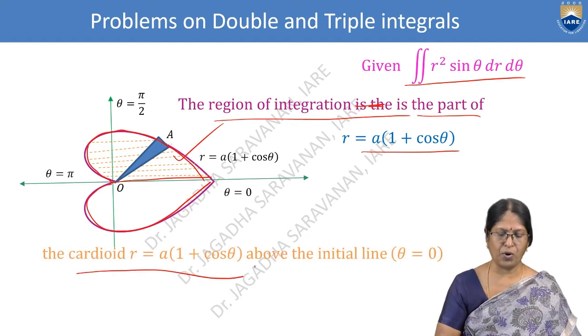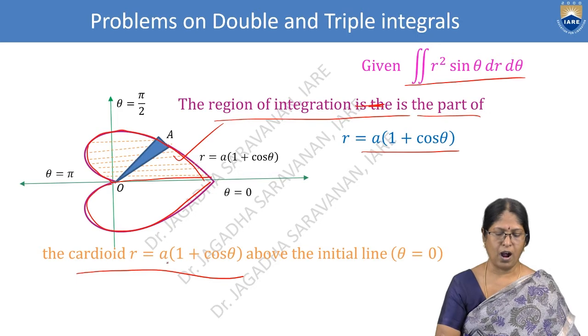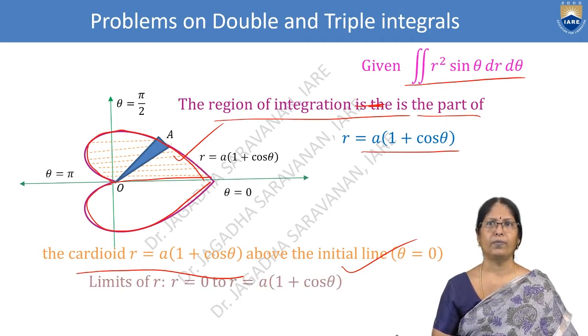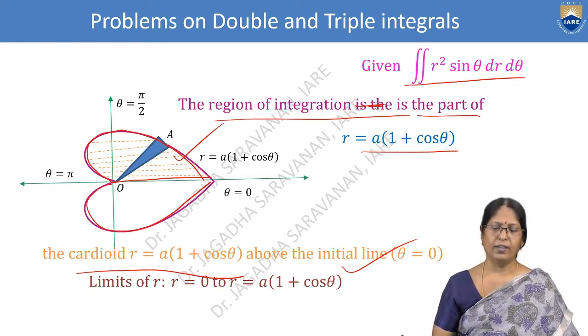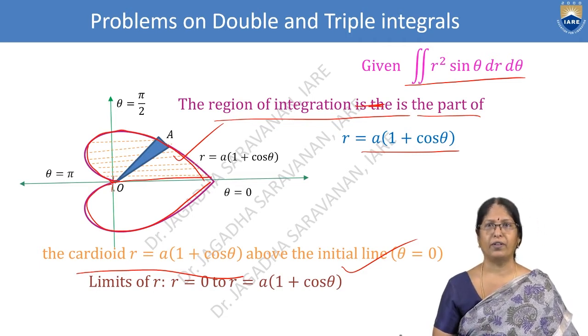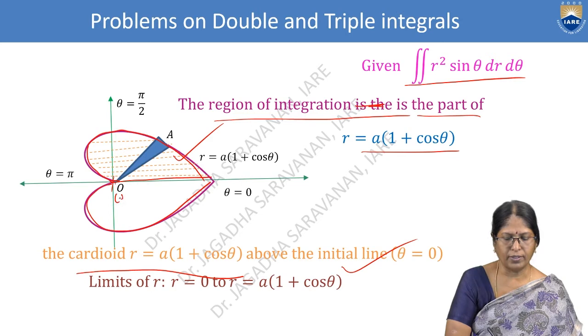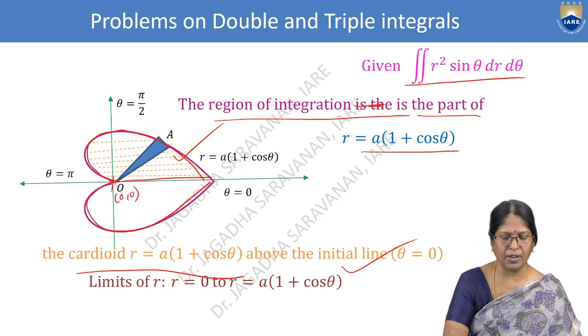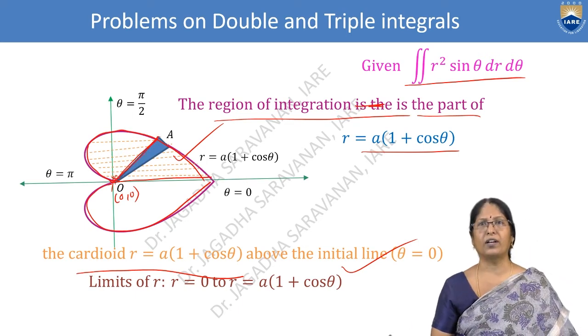Now for the cardioid r equal to a of 1 plus cos theta above the initial line, theta equal to 0, we have to know the limits. In this integration, r starts from where? It starts from here, this is the origin. From here the radius moves and touches the curve.